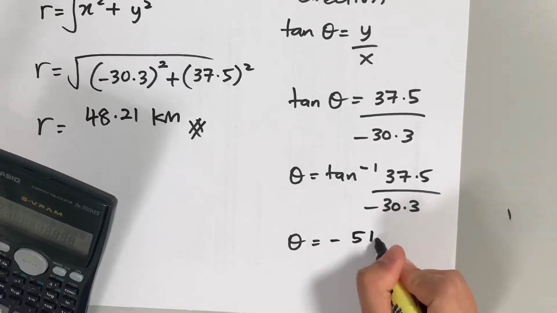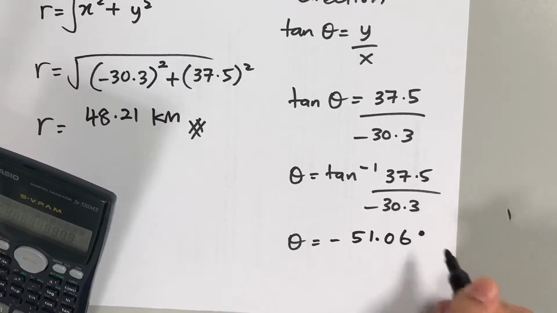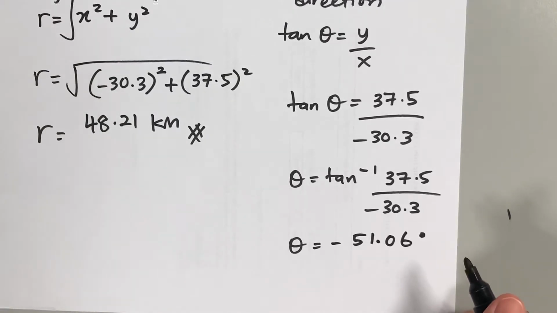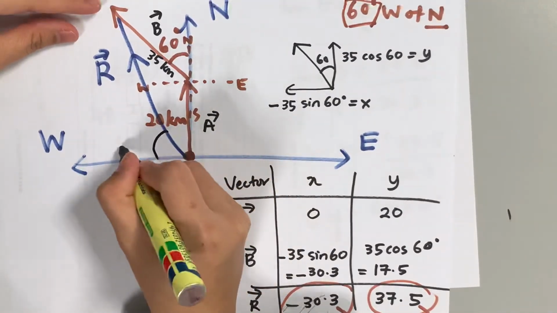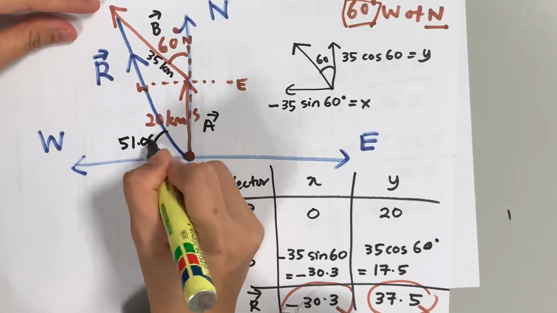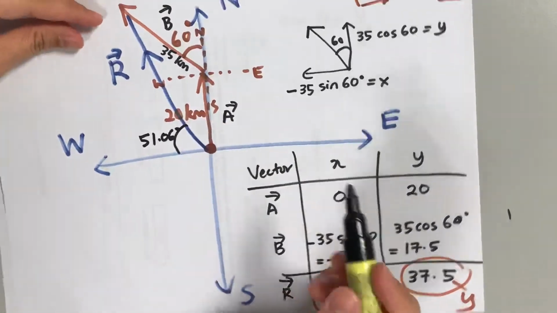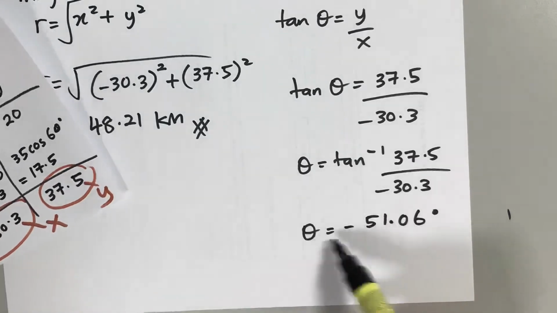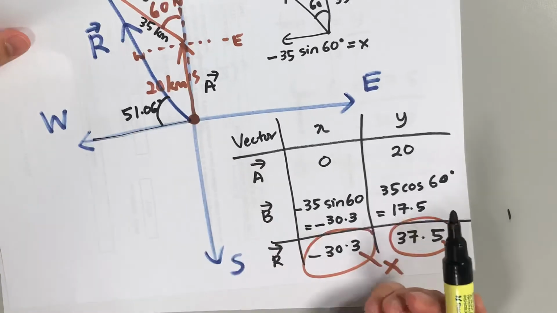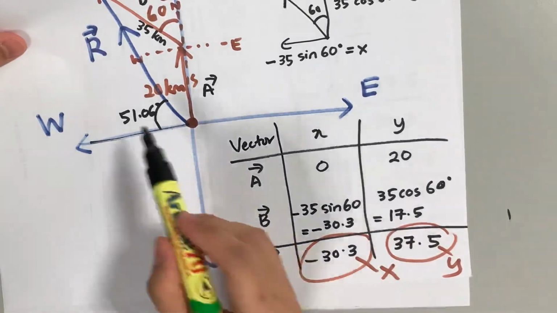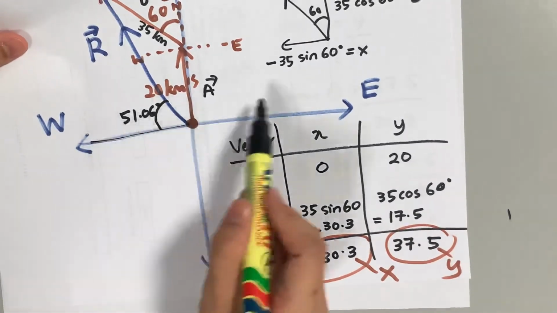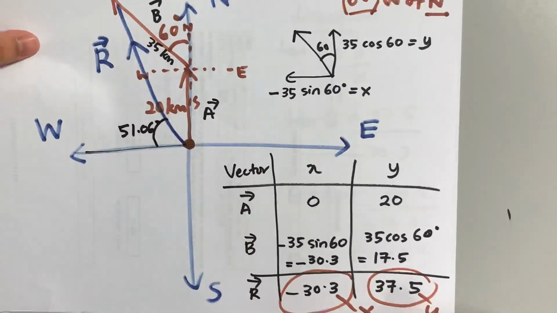Negative 51.06 degrees. Okay, why is it negative? Because here, normally what angle do you get on the x-axis? So 51.06 is negative because it is in the second quadrant, right?